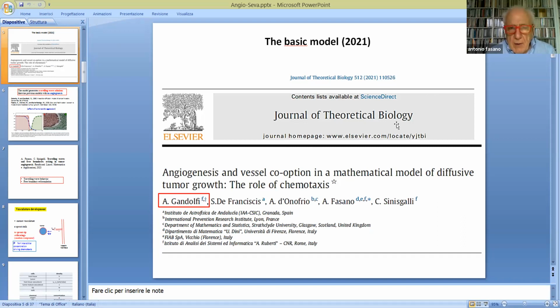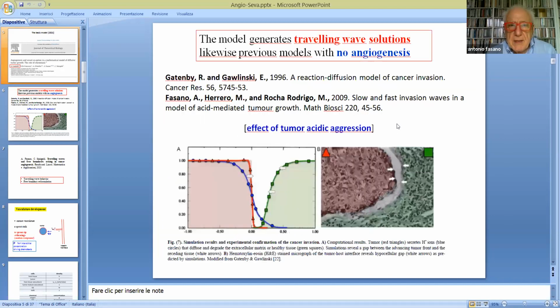And now I will show a general sketch of the model and how we have elaborated on that subsequently.